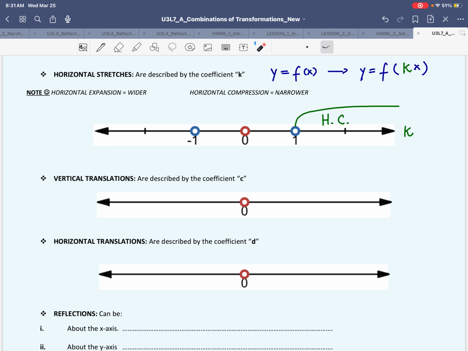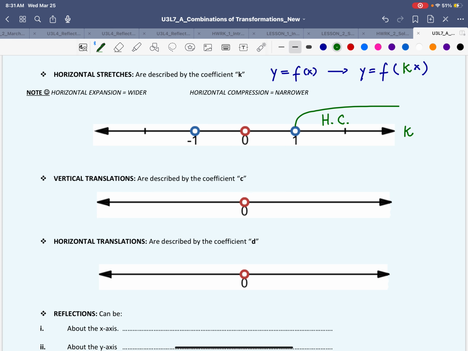It will give the function extra energy. Therefore the function is going to reach the y values a lot faster, and that will cause a horizontal compression. The same y values, for example, are reached for smaller values of x because the k is kind of empowering or speeding up the x values. And that's why the graph becomes narrower.